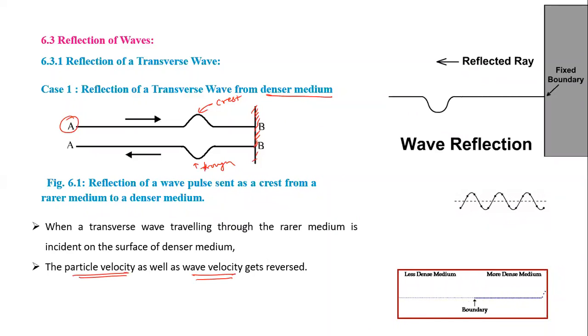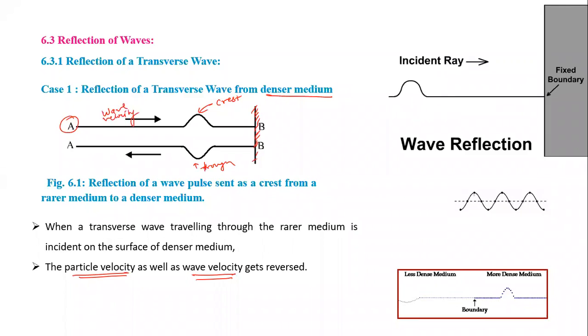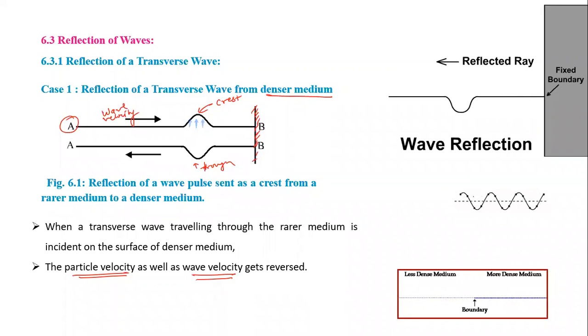You can see here this is the direction of wave velocity. And the particle velocity I can show by an arrow. So this is the particle velocity, which means particles are vibrating in the upward direction.